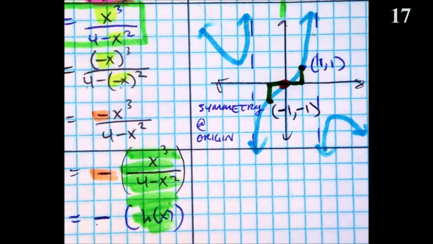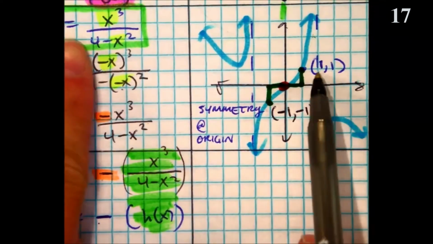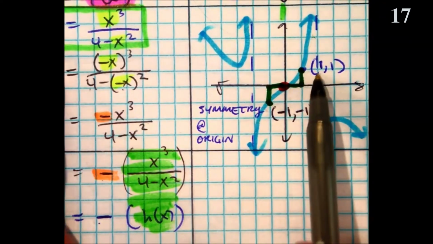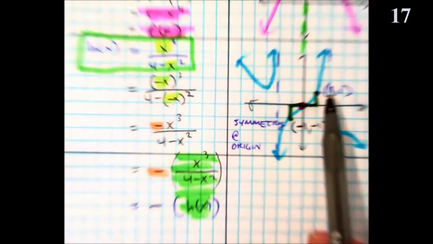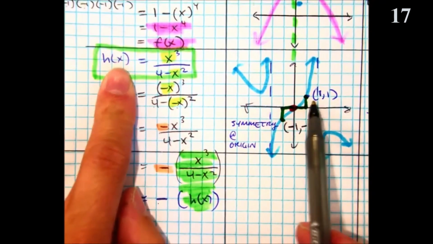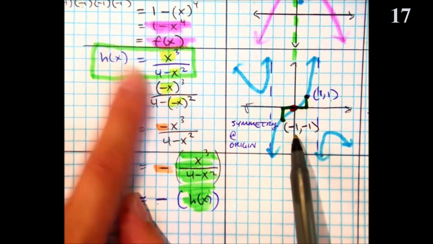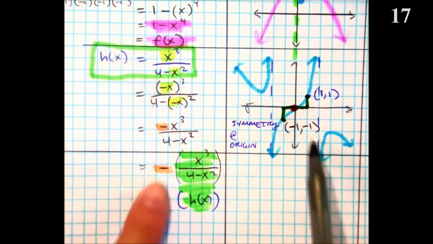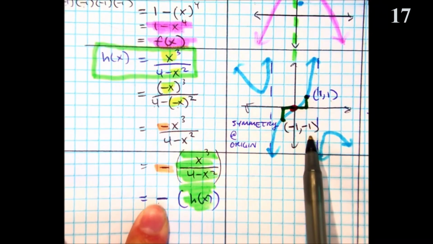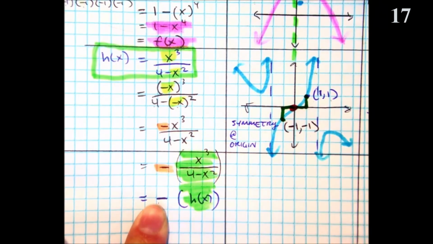What does that mean? If I put in a positive x value over here in the original function, I will get a positive value back. We put in a negative x, and we get a negative as our answer. Okay?